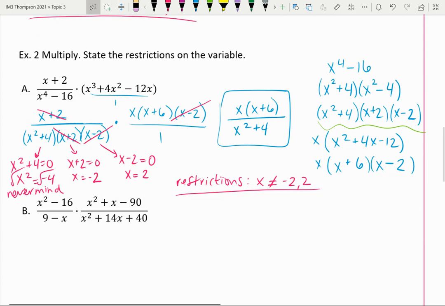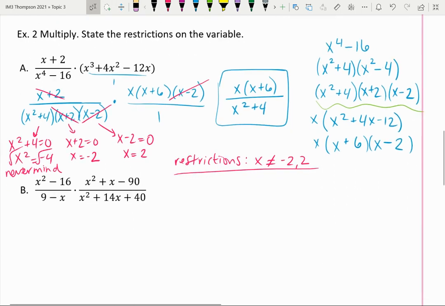Anybody want to ask any questions on this problem? Okay, I'm going to start by setting you up for B, and then I'm going to let you finish it. There's just one thing in there that's a little different. We're already halfway through the notes, so it won't take us too long today.